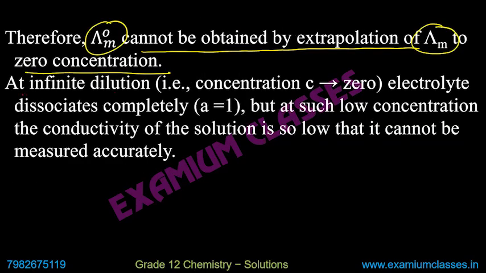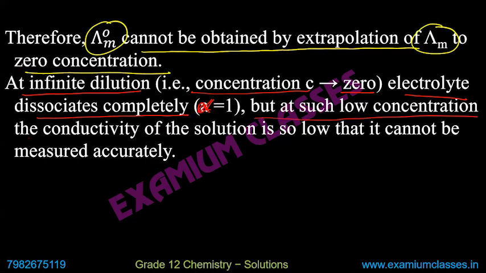So at infinite dilution, that is concentration zero, the electrolyte dissociates completely, alpha equals 1. But at such low concentration, the conductivity of the solution is so low that it cannot be measured accurately. We cannot measure the conductivity accurately because we have diluted the solution to a very high degree.